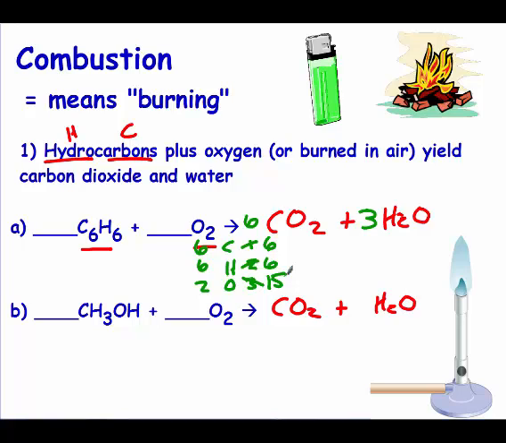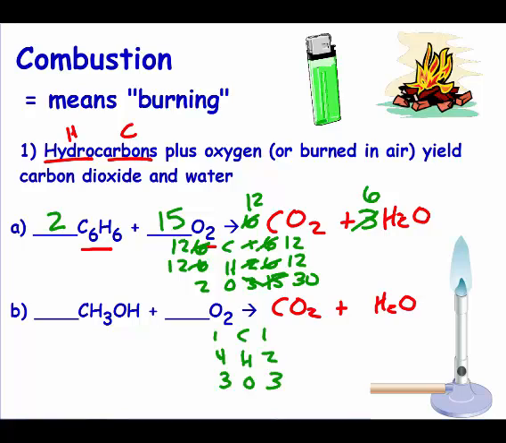So if I double everything, so I put a 2 here, 12 here, and a 6 here, then that would give me 12, 12, 12, 12, and that would give me 24 plus 6 or 30 hydrogens because everything got doubled. Now I can put a 15 here and it's balanced. So if it's not working, if you get bigger numbers by doubling everything, then sometimes that causes it to work out. So this is what we have for this bottom reaction.